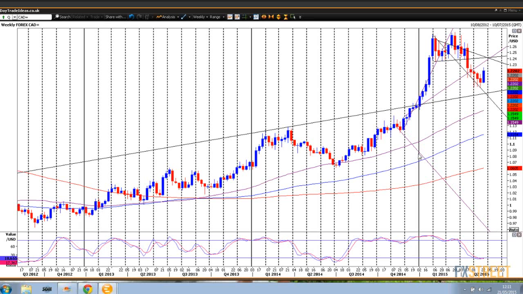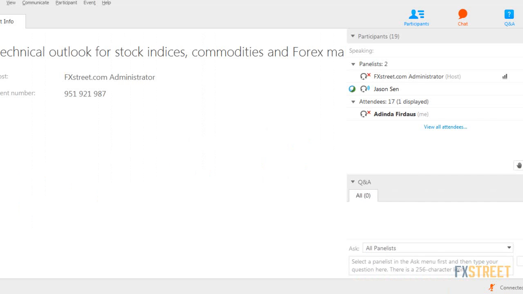Get rid of these. What's going on? Something funny going on with the software there, sorry. You're still with me? Right, why have I lost my chat boxes?